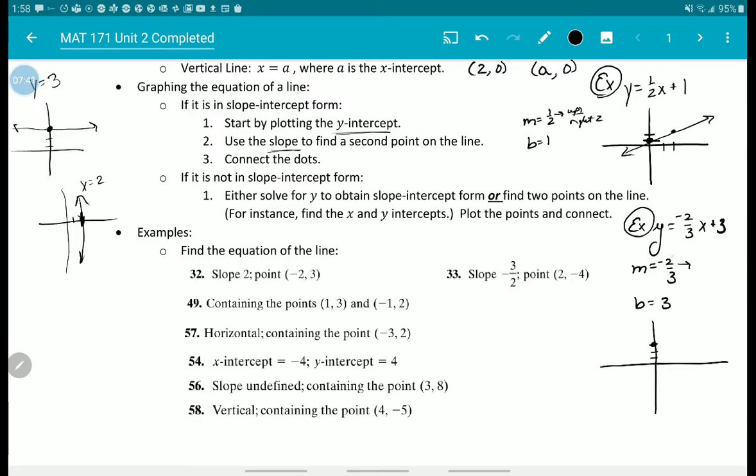I'm going to keep the negative with the top. You can put it with the top or the bottom. You cannot put it with both. So I'm going to go down 2, and then I'm going to move right 3. So from here, if I go down 2 and then right 3, there's my point on the graph. And then we can just connect those dots.